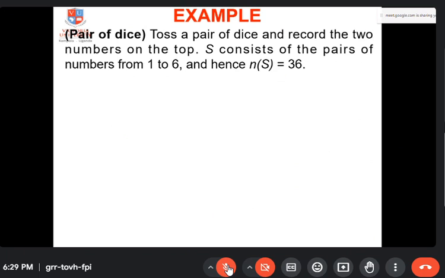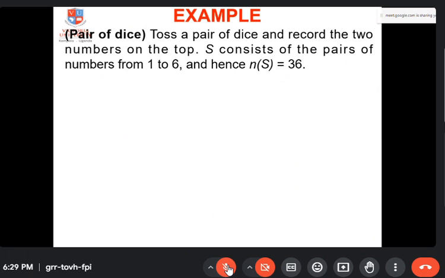Okay, let us have another example. Let us now toss a pair of dice. A pair of dice. That means one die has 6 sides, another die has 6 sides. So does someone know the sample space?